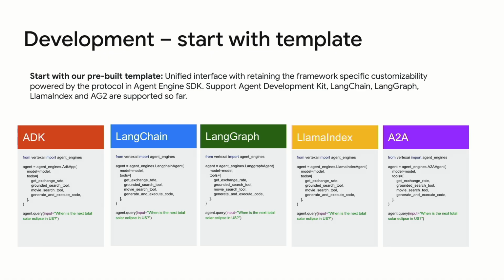Agent Engine provides all these unified interfaces via the pre-built templates for you. This gives you a consistent experience while letting you keep the customizability of your preferred agent framework.